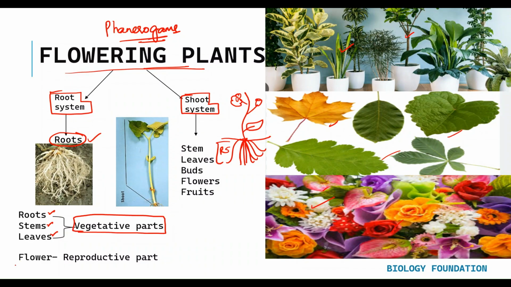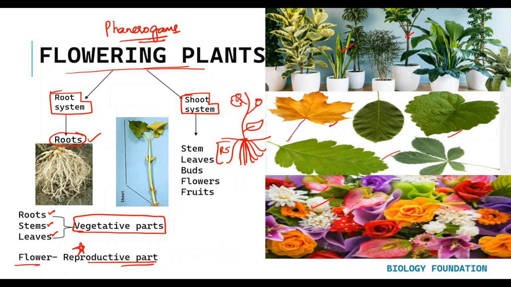Okay, while flower forms the reproductive part of a plant. Okay, so though plants are quite unique, they're quite different, they differ in the shape, form, structure, they differ in their size, but still there are certain similarities seen. Any flowering plant has a leaf, it has root, stem, flower, fruit, and a bud.